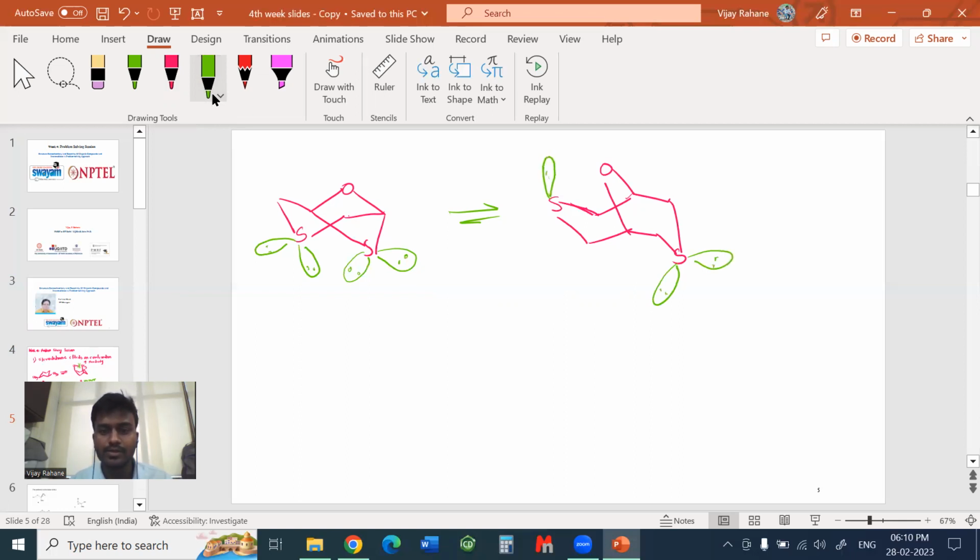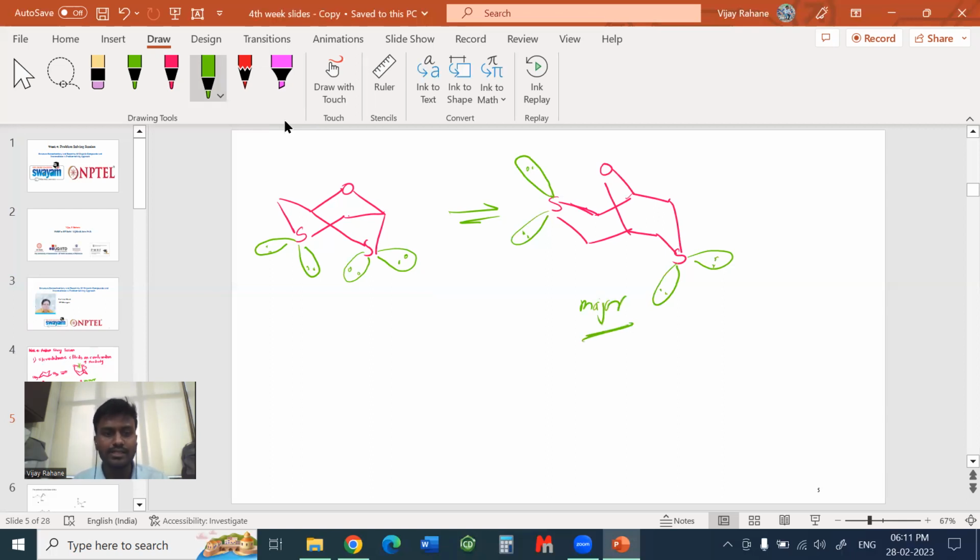So there will be a very low stereoelectronic effect here, right? So this one is the major conformation.